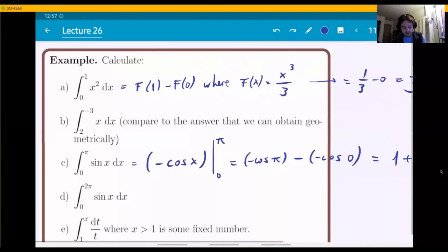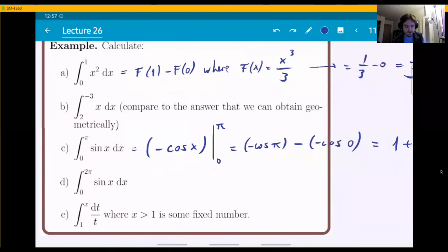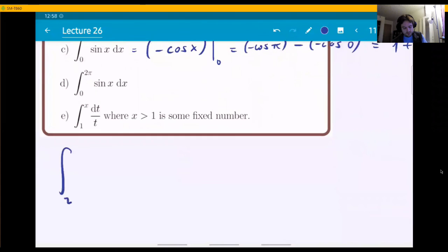Okay, so we can do item B now. I'll write it downstairs. You have the integral from minus 3 to 2 of the function x, x dx. What is this integral? So find a function whose derivative is x. That would be x squared over 2.